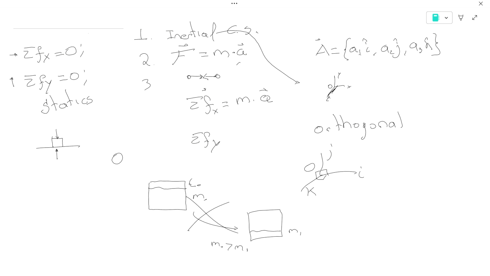All right, so that's the third law, that a body that is subject to a force will be exerting the same force on the opposite body. Second law is forces on a system equal mass times acceleration.